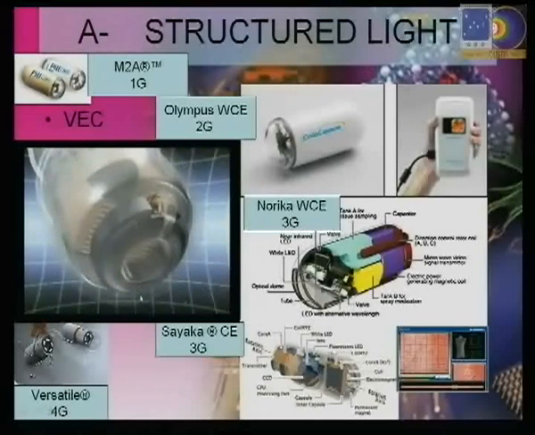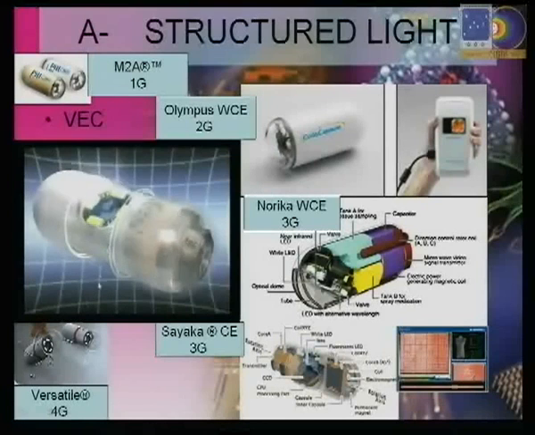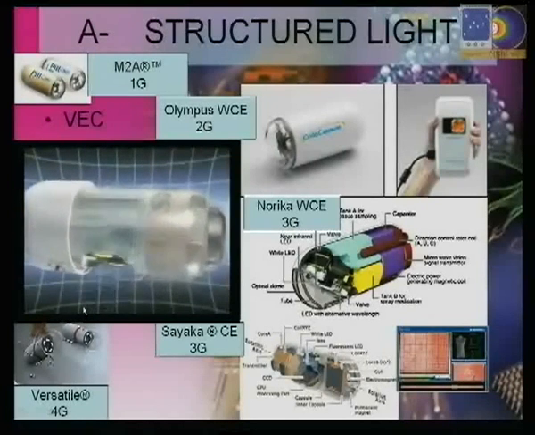It is rotating, discharging, and moving the pill around, taking pictures from all over around. So they are not only tracking, but also taking pictures from all over around. And these are the leads of different colors.